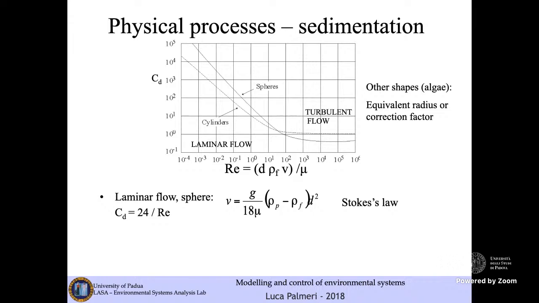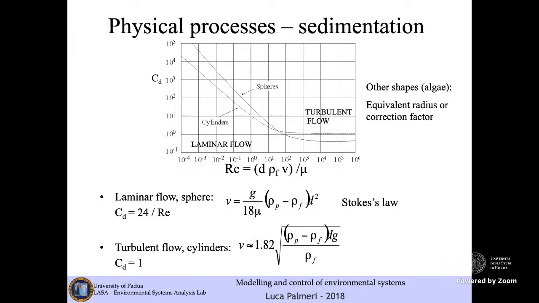For all other shapes, like those of algae, we may introduce an equivalent radius or a correction factor that corrects the Stokes law. In the case of turbulent flow and cylinders, we assume that we are in condition of drag flow, with drag coefficient near to 1, so 10 to the 0, so we are at the horizontal limit 1.